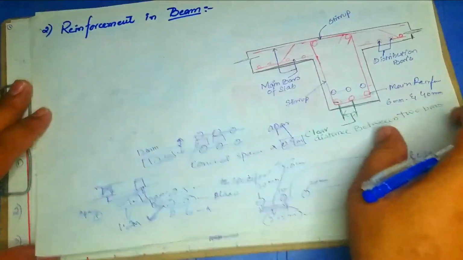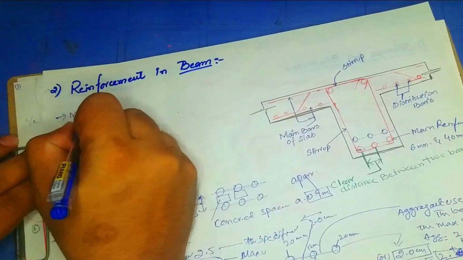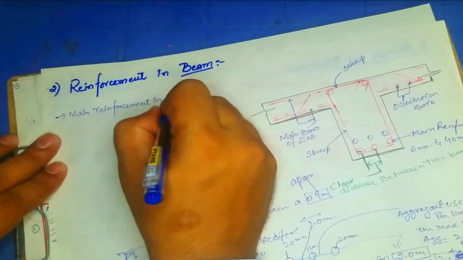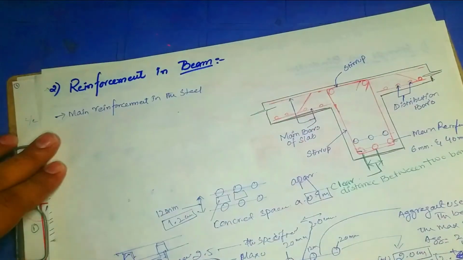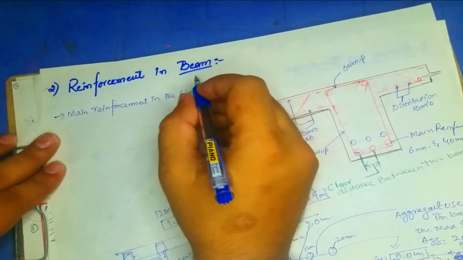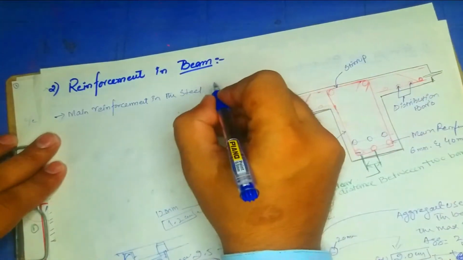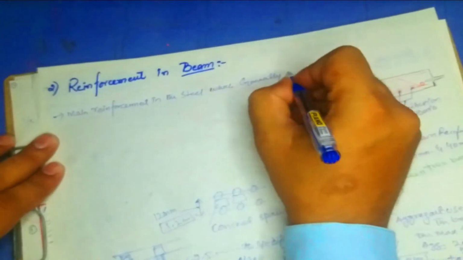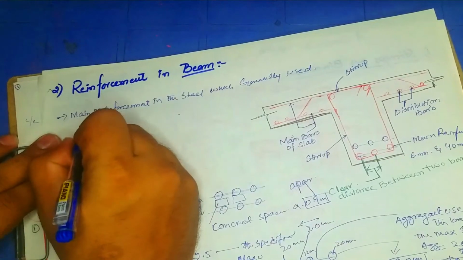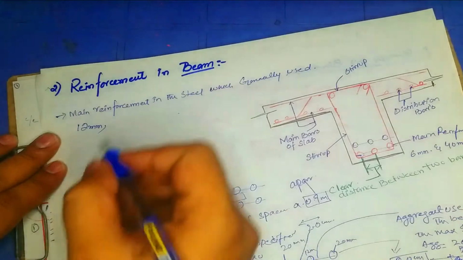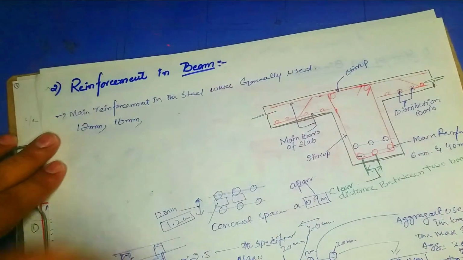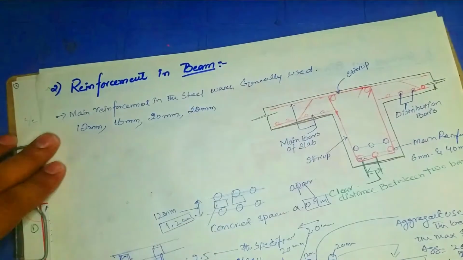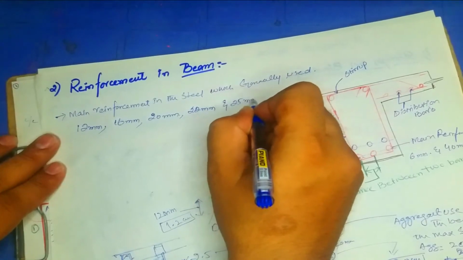The main reinforcement steel which is generally used is 12 mm, 16 mm, 20 mm, 22 mm and 25 mm.